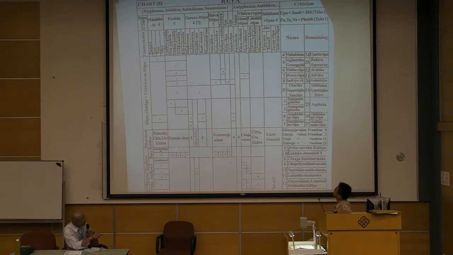So the 13 means they include this 9. So the 9 is, we say, this 8 Avinibbhoga rupa and the Akasa Dhatu, space element. They are produced by the 4 causes. We already said they are the Catuja rupa. And then, if you subtract 9, you get 4.